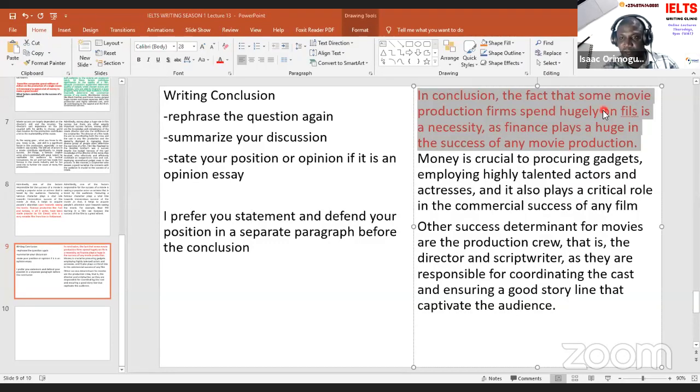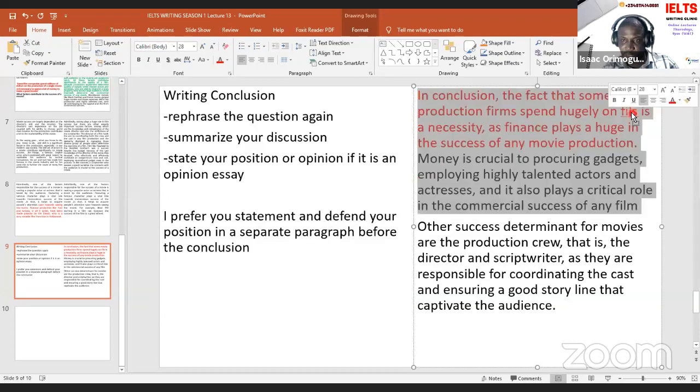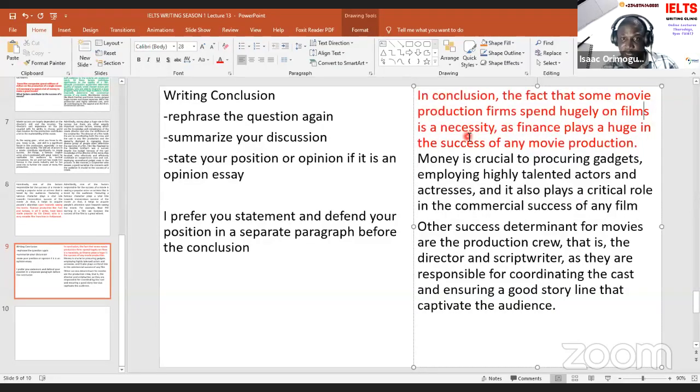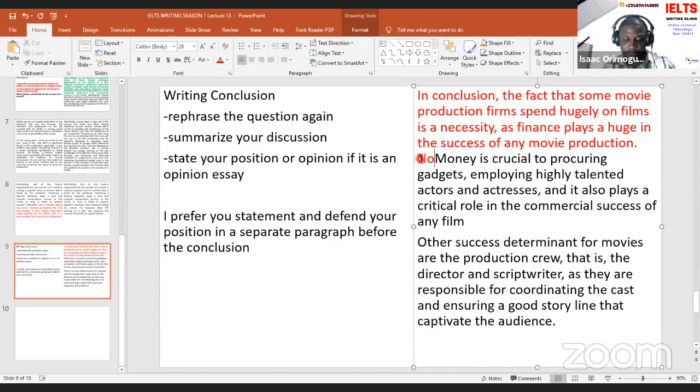In conclusion, the fact that some movie production firms spend hugely on films, okay, this spelling is not correct, is a necessity. I said it's compulsory as finance plays a huge role in the success of any movie production. Okay, and I started summarizing what I said. Money is crucial to, okay, I can even say no doubt, because I am trying to re-emphasize and conclude.